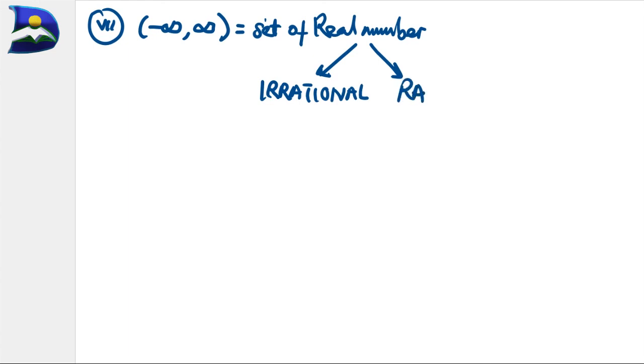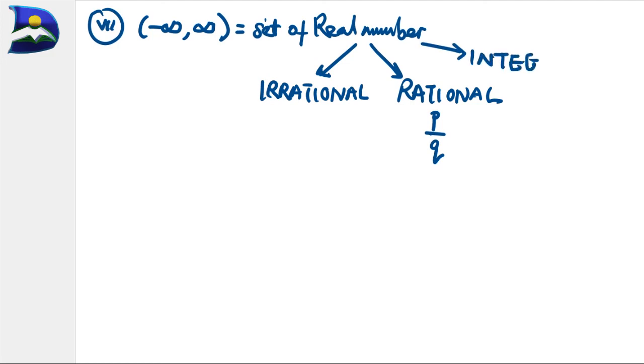When you talk about rational numbers, we have numbers that can be expressed as P over Q, which are integers, or including integers. Real numbers, you can include integers. Let's put that into the integer right there.